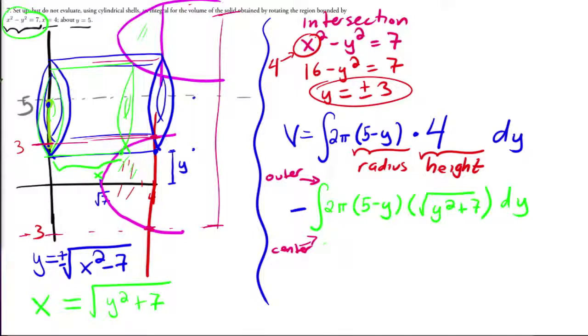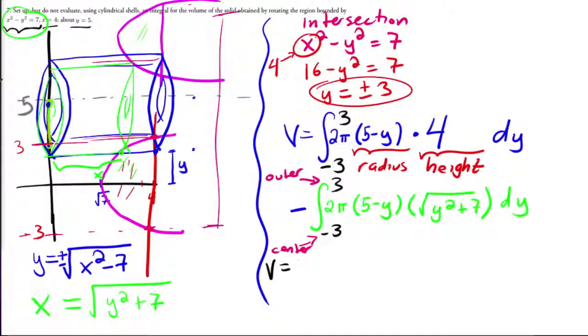And so then my interval is going to go from 3 to -3, and 3 to -3. So that's the outside minus the inside. And that's it. From -3 to 3, -3 to 3.